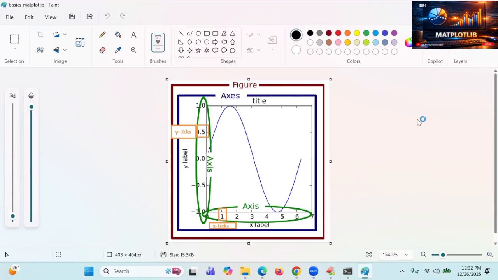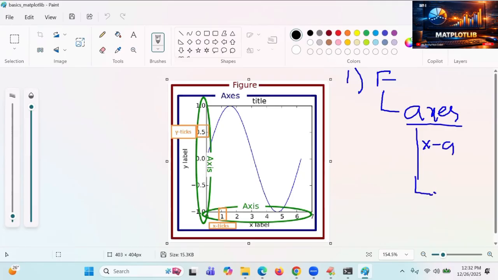Right. What are the components, in order? Tell me, don't tell wrong. Number one, figure. Figure contains axis. Axis contains what? X axis, Y axis. X-axis contains what? X ticks.